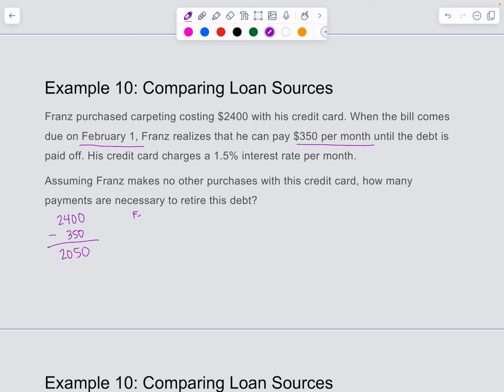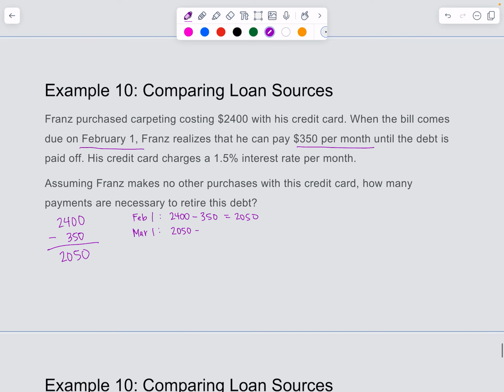So we have February 1st. We just showed $2,400 minus that payment. So that gives us $2,050. Okay. Next month, March 1st. We have that balance, $2,050. We have to account that he gained interest, right?